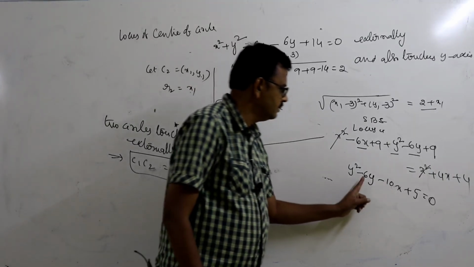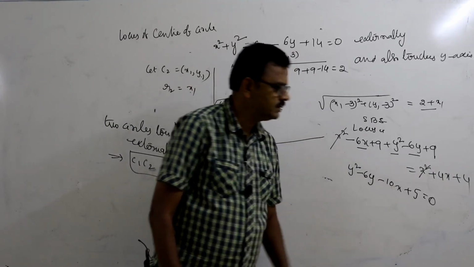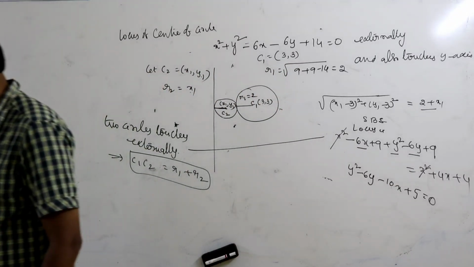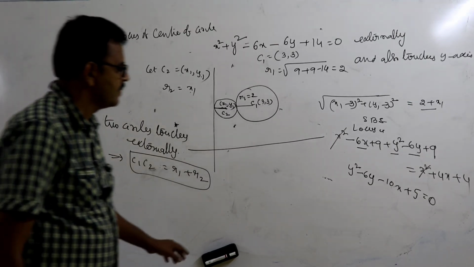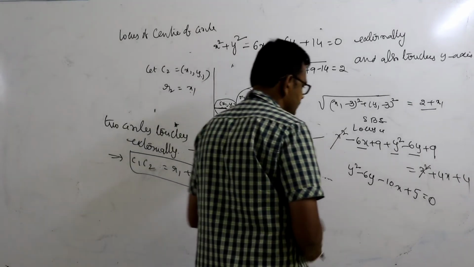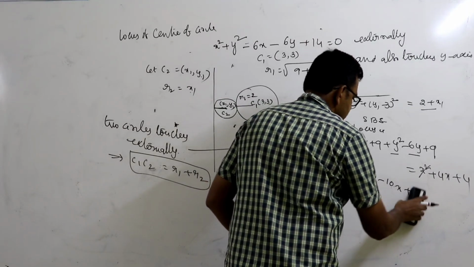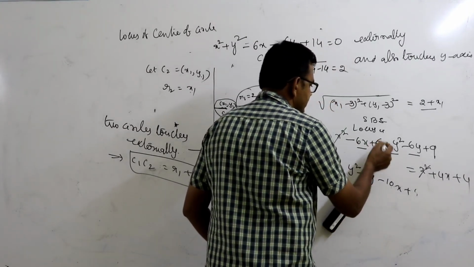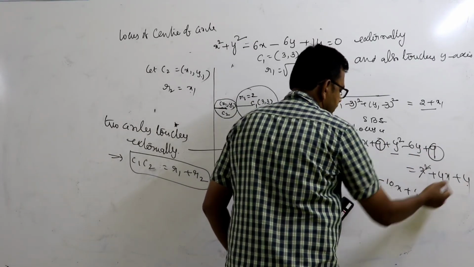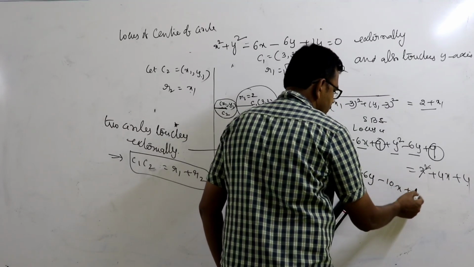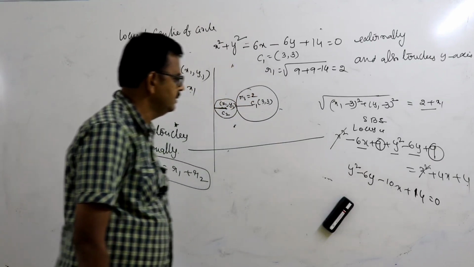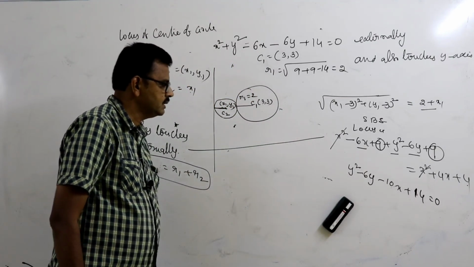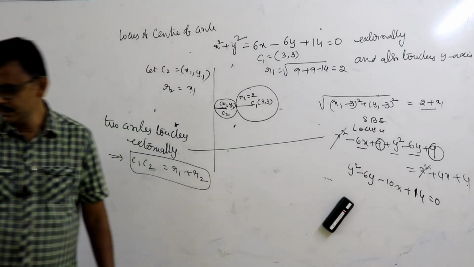Then 9 plus 9 is 18, 18 minus 4 is 14, so y square minus 6y minus 10x plus 14 equal to 0.